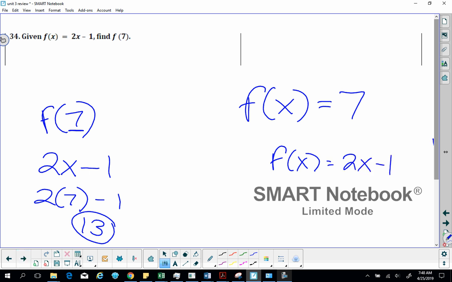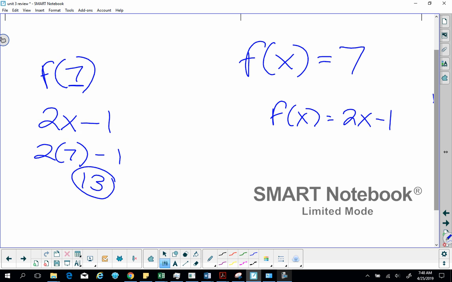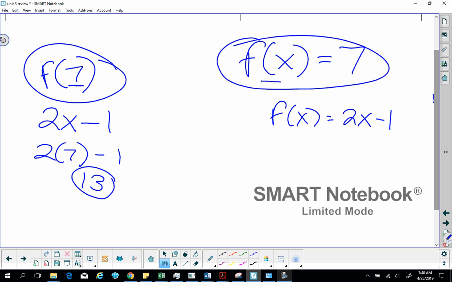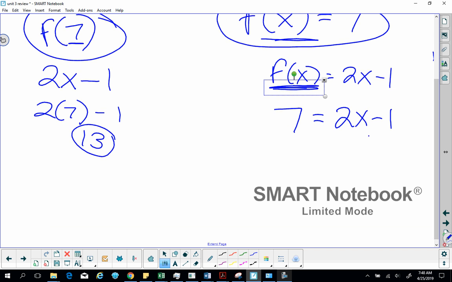Where would I plug 7 into? F of x. Do you see the difference between this right here and this? This is saying plug it in for this whole thing. So I would plug 7 in right here. You can either solve, which I would just do as a 2-step equation, or what Tyreek did: he typed the equation into his calculator and scrolled until his y is set. But you should get the same answer.